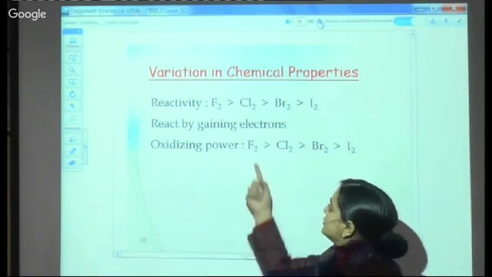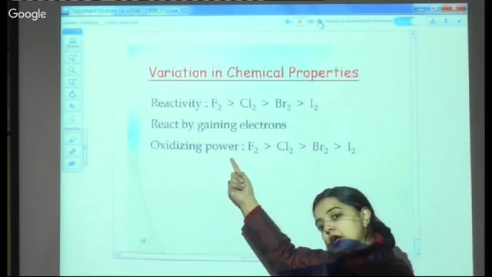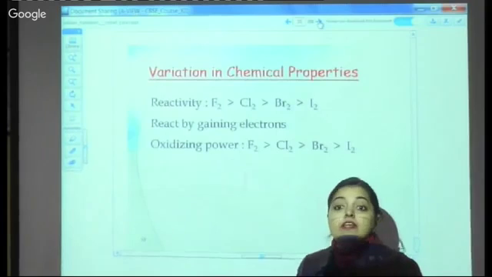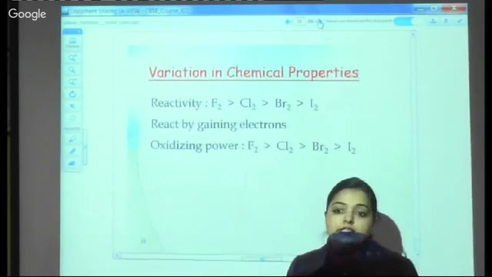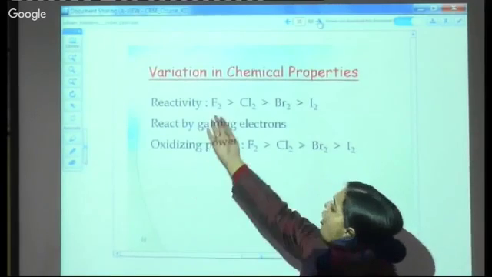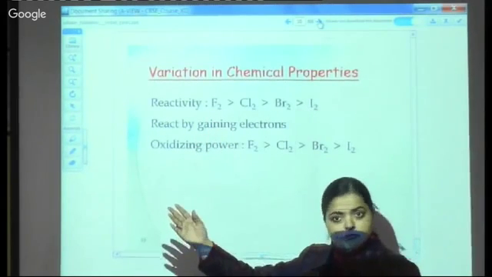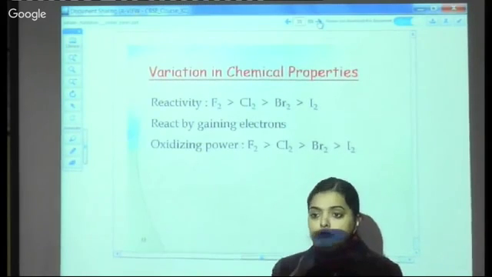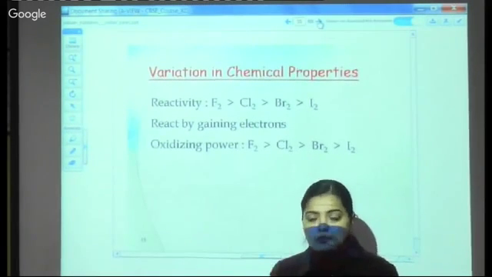Because of which, the oxidizing power would be at the same level as the reactivity. If we ask which one is the most oxidizing agent, it would be the most reactive among all, because they are all oxidizing agents. All the halogens are good oxidizing agents: fluorine molecule, chlorine molecule, bromine, iodine.